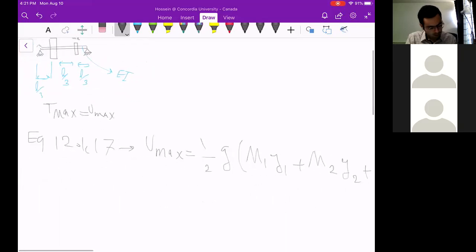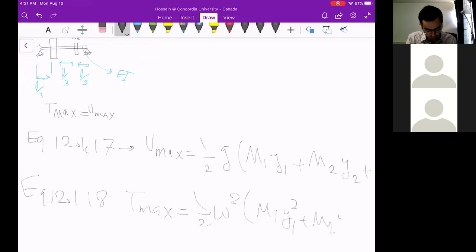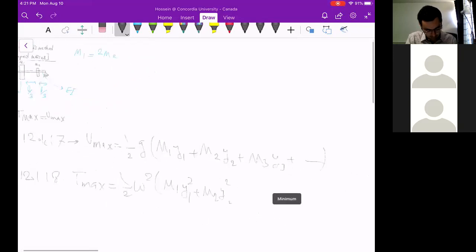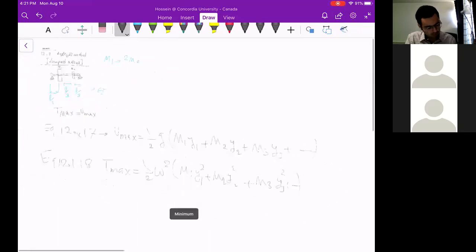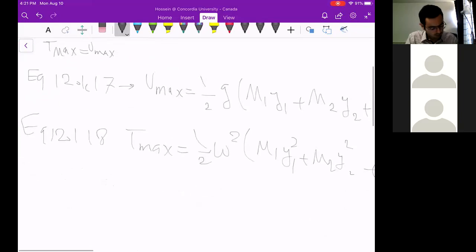And also equation 12.1.18, T max is going to be 1/2 omega squared M1 Y1 squared plus M2 Y2 squared plus M3 Y3 squared.